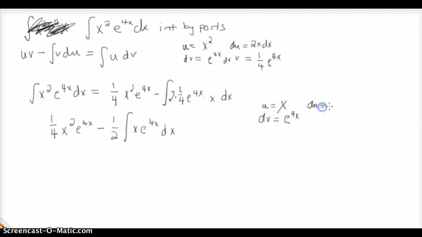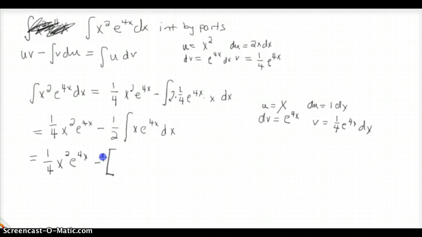And then we have x as our u. So then our du is going to be 1 dx, and then our v is going to be 1/4 e to the 4x dx. Don't forget we have a 1/2 outside of here as well, so we can't let that disappear. And what we're left with is 1/4 x squared e to the 4x minus u times v, which is going to be x times 1/4 e to the 4x.